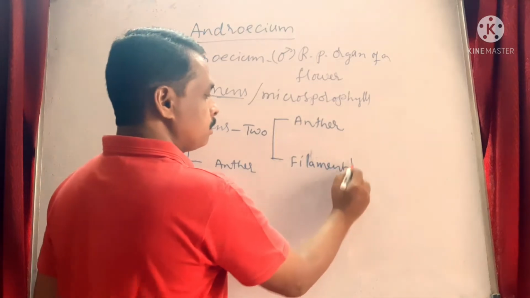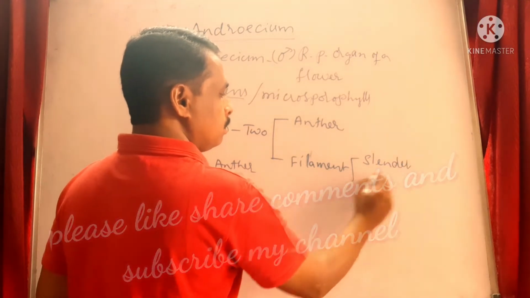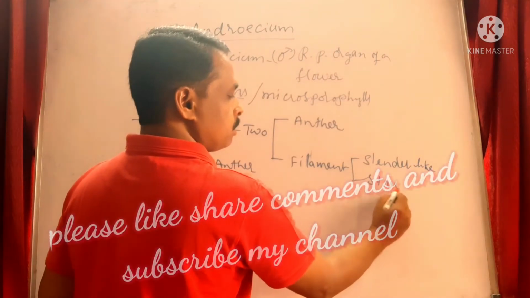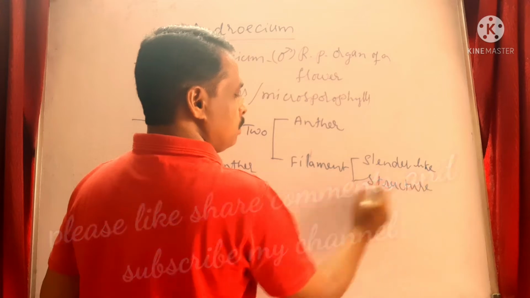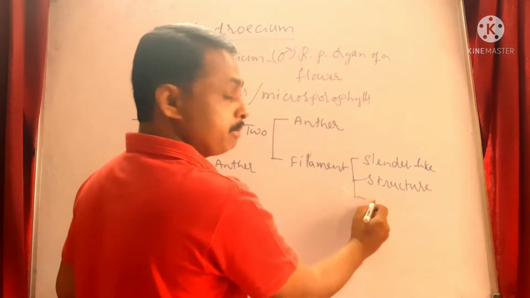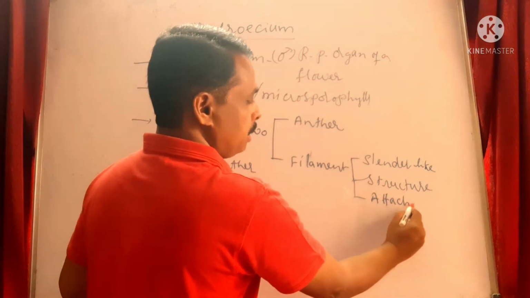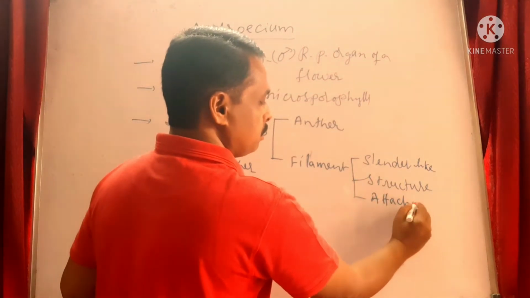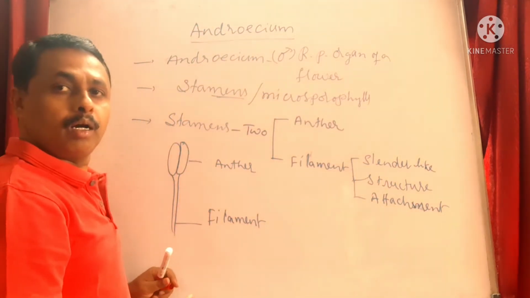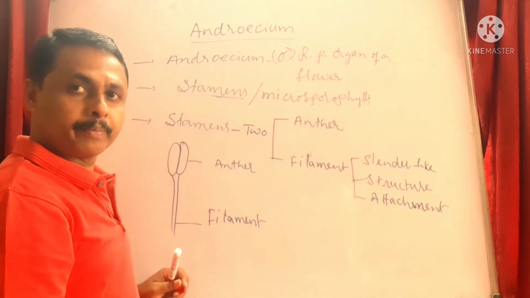Filament is a slender, thread-like structure which helps for attachment to the floral organs or floral appendages of a flower.